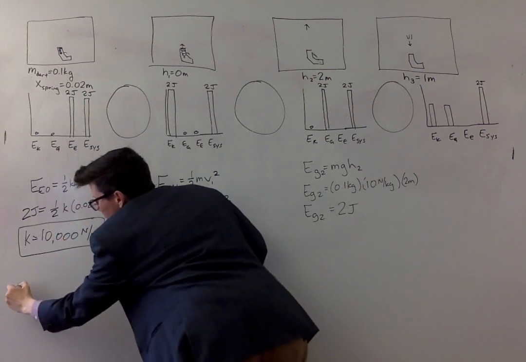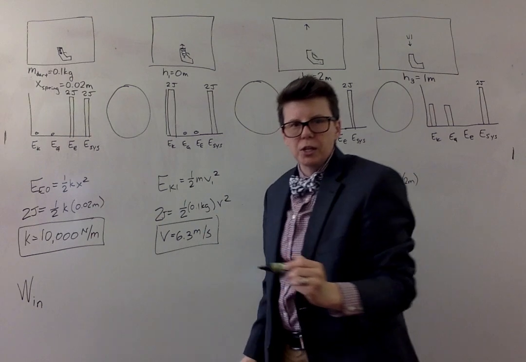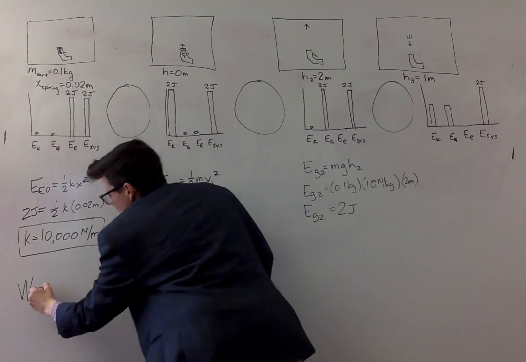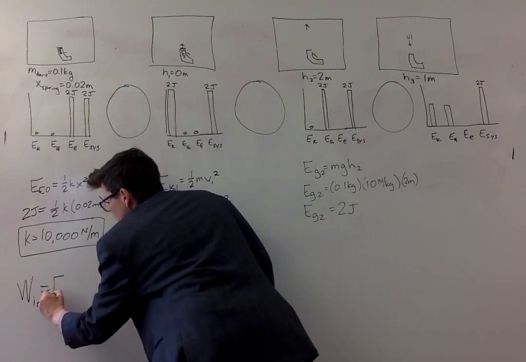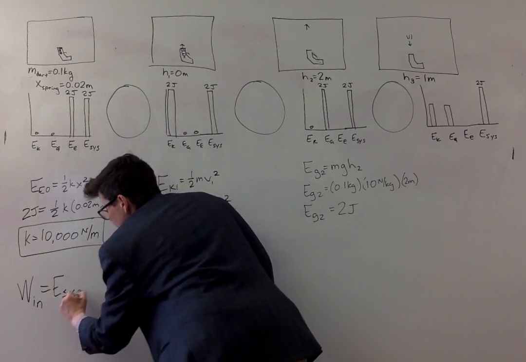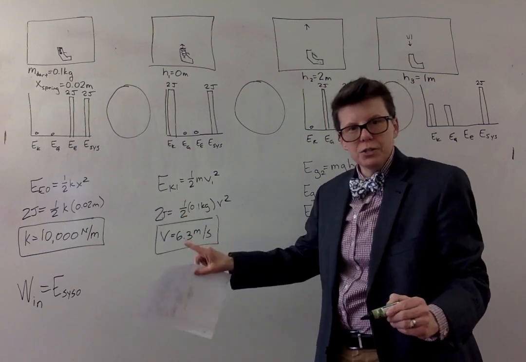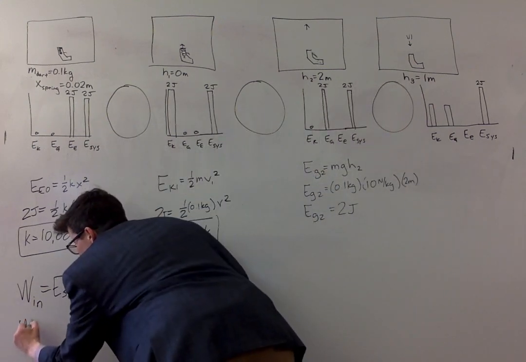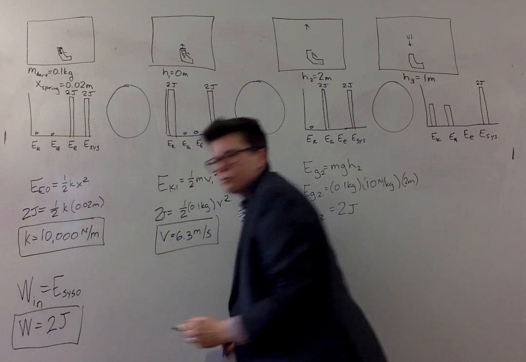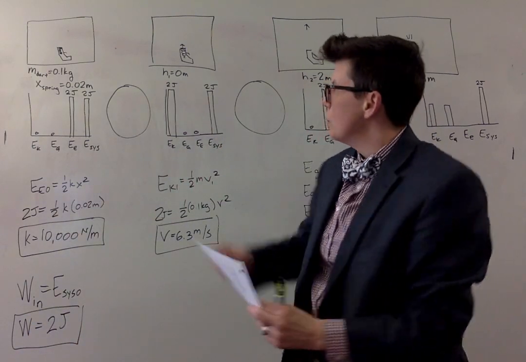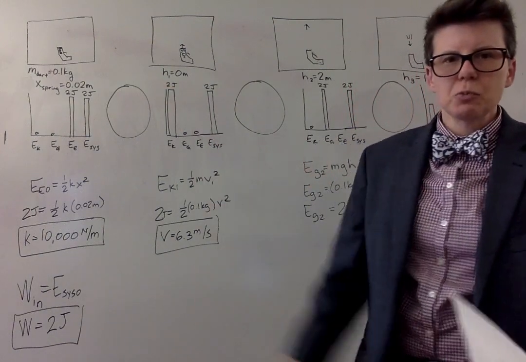So the work coming into the system in this first state here is going to equal the total amount of energy in the system right there. Okay, 2 joules of energy in the system right there. That 2 joules must have come in as work just prior to that initial state. Okay, so that's how you solve this problem. Good luck.